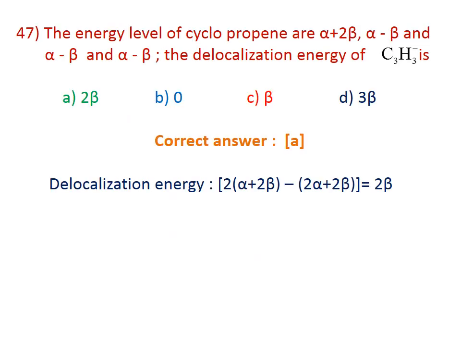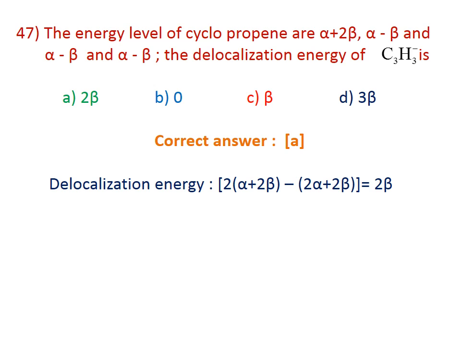47. The energies of cyclopropane are alpha plus 2 beta, alpha minus beta, alpha minus beta, and the delocalization of C3H3 minus is.